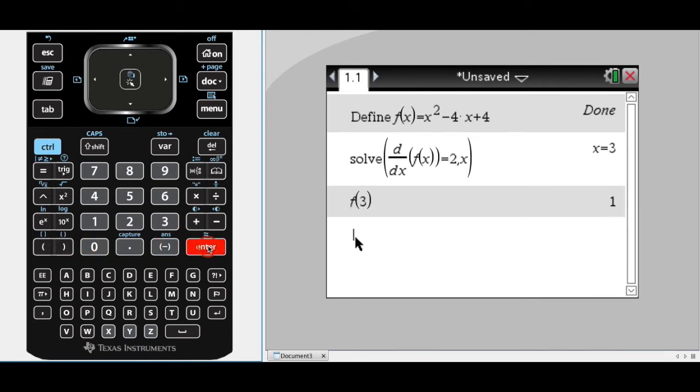So the position where f of x is parallel with g of x is at the position (3, 1).